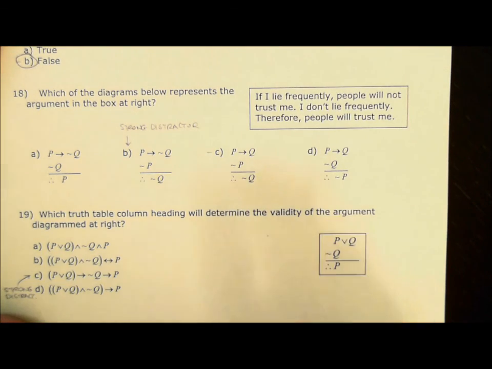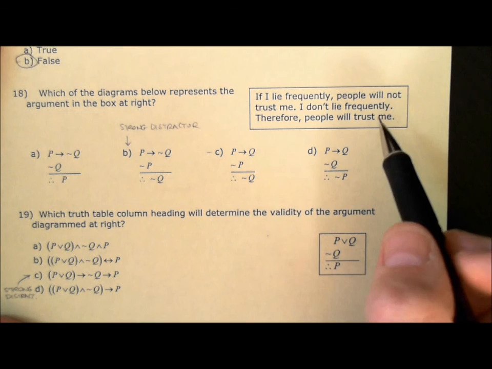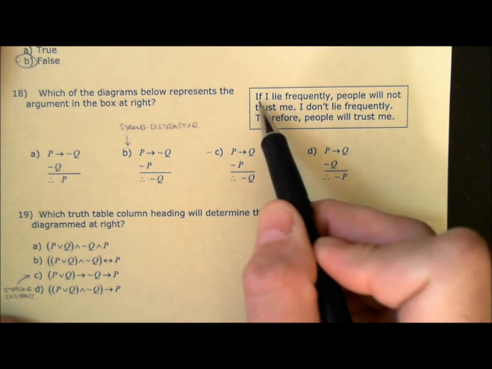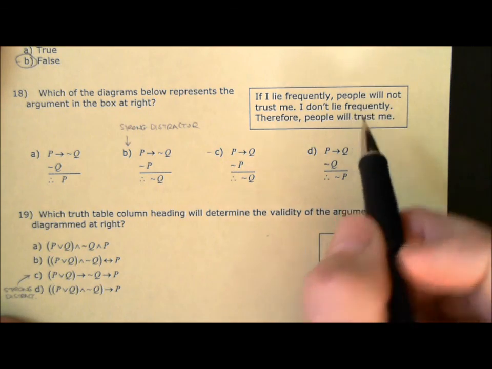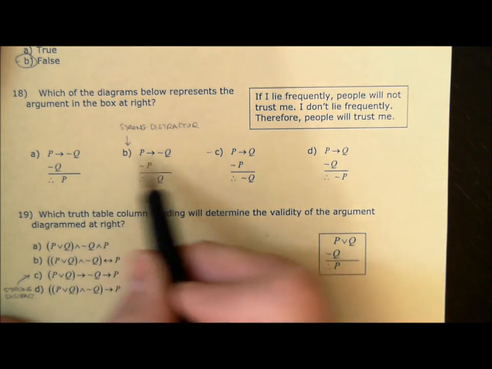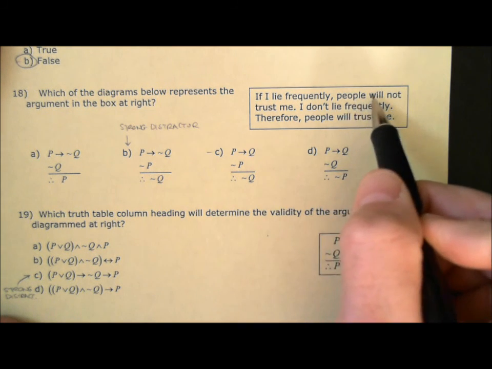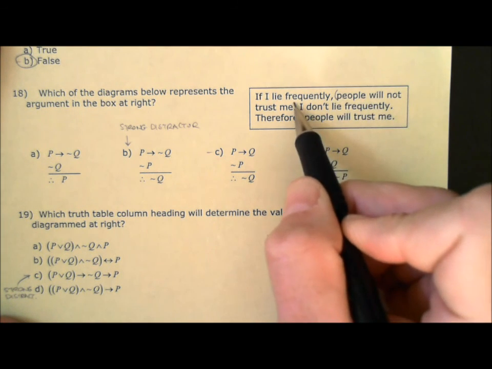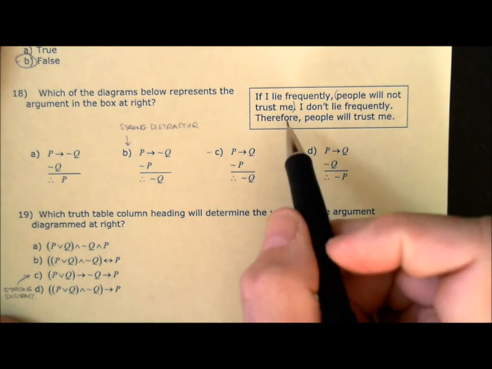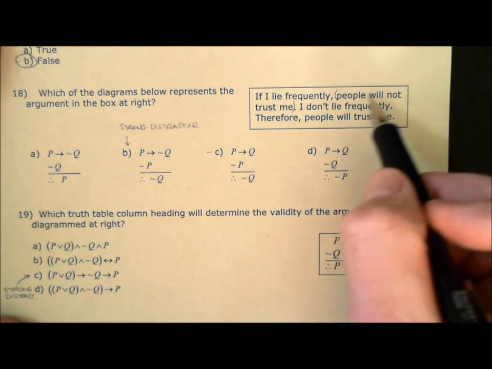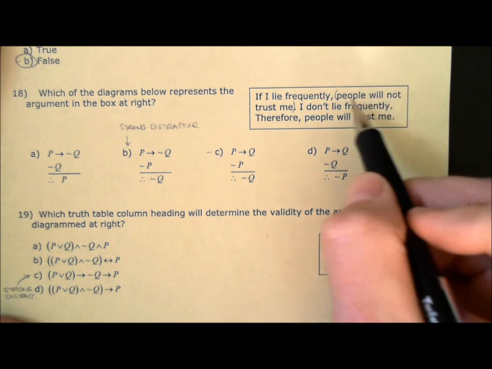Number 18 asks us to diagram this argument, not to determine its validity, but the first premise is, if I lie frequently, people will not trust me. So it's an implication, and all these are implications, depending upon whether you consider this second part of the first premise, the conclusion of this implication, a simple statement or not.